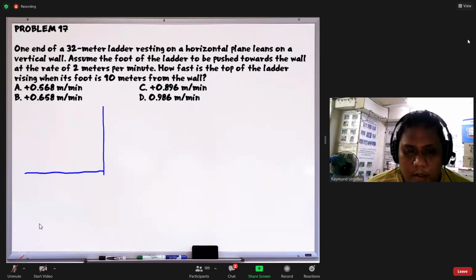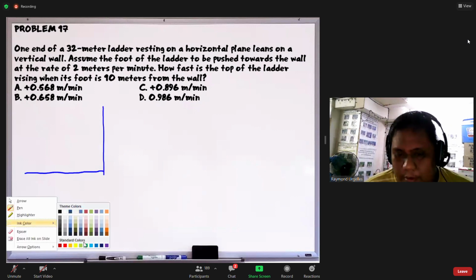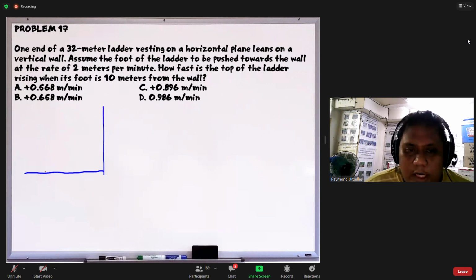No? So let's use... Sige, ito na lang. Okay, so let's say ito yung ladder natin. Okay, so we have this ladder. So again, this is a 32-meter ladder.